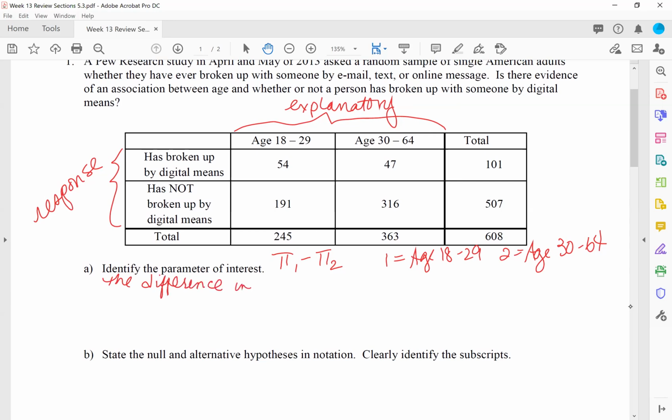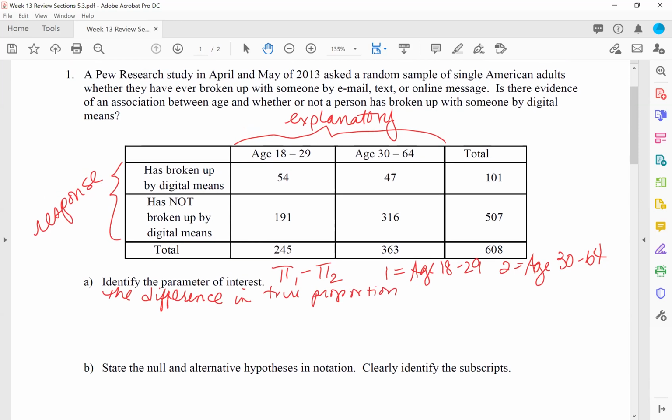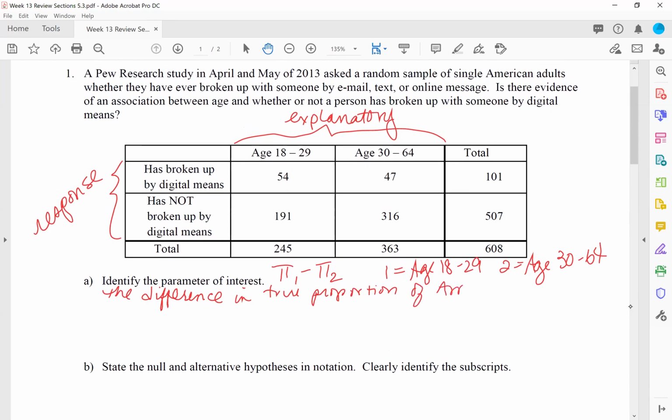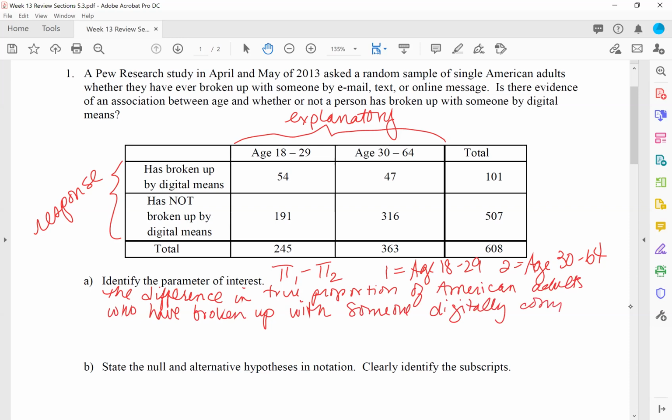So we're going to say the difference in true proportion of American adults who have broken up with someone digitally, comparing age 18 to 29 minus age 30 to 64.